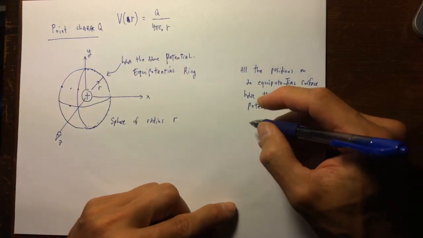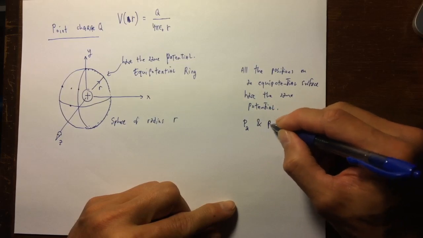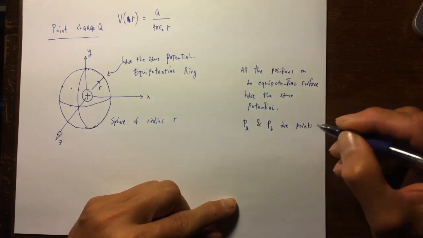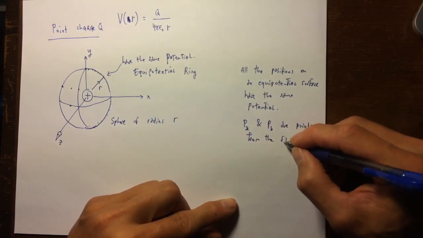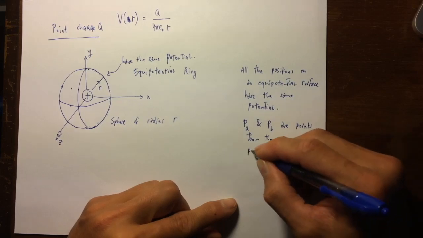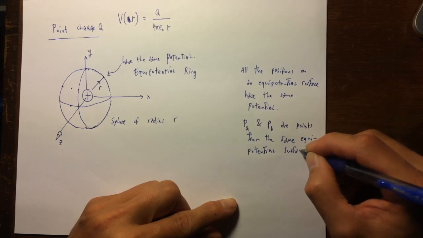What this means is, let's say that there's a position A and position B that are points from the same equipotential surface.